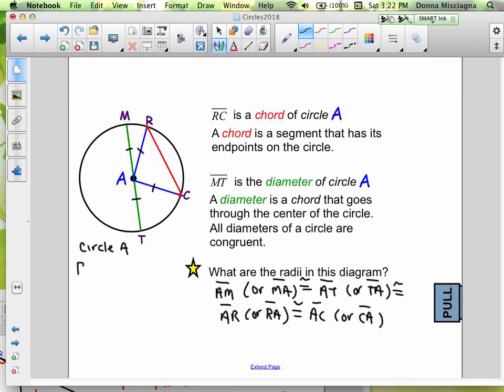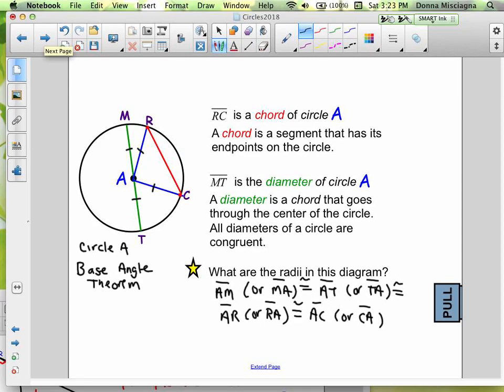We can use base angle theorem to find the measure of the angles. Now we would need to know one angle, any one. But if we knew one angle, we could find the others.